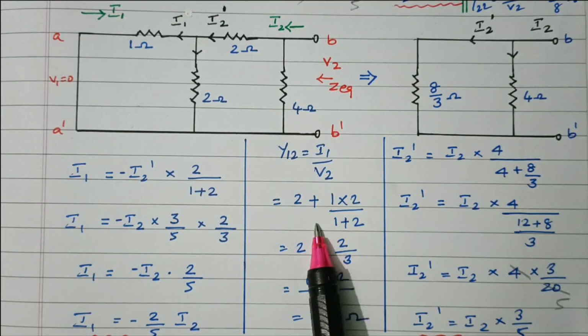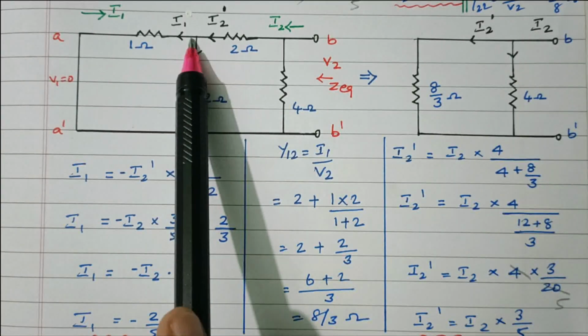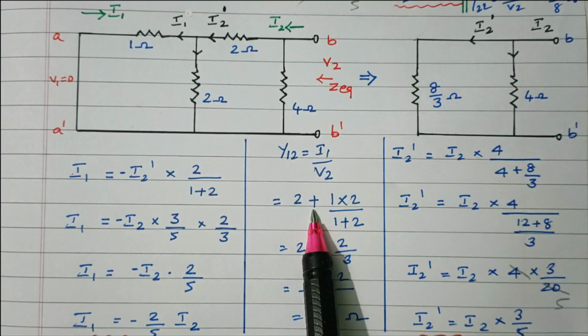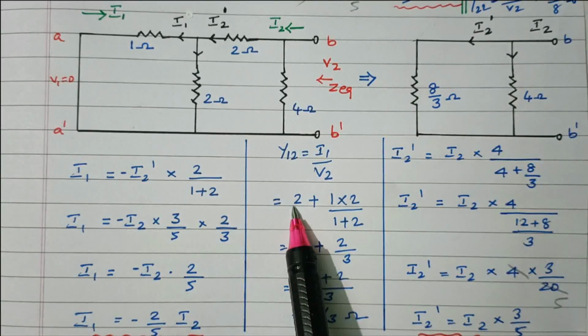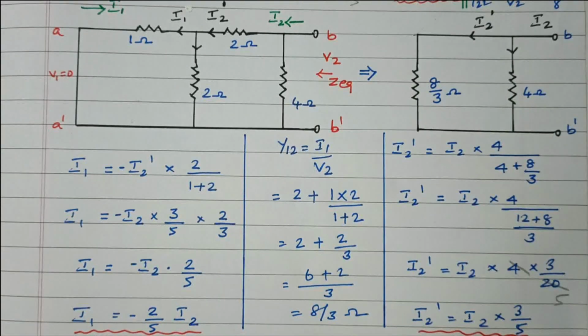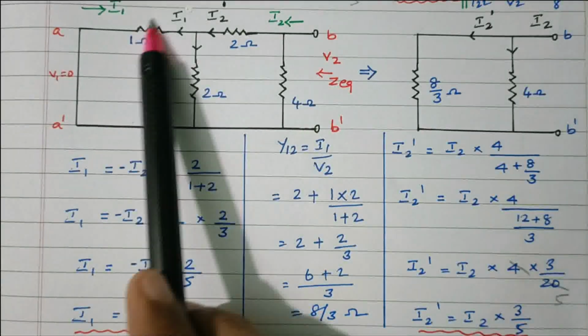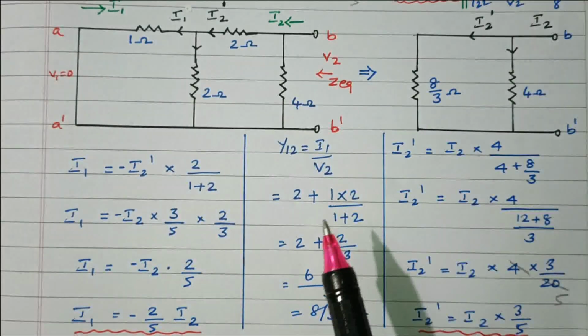The 1 ohm and 2 ohm are parallel because the current is diverted. That is in series with this 2 ohm. So 2 plus 1 into 2 divided by 1 plus 2. After simplification we got 8 by 3 ohm. So these three resistors are now simplified, and the value is 8 by 3 ohm.